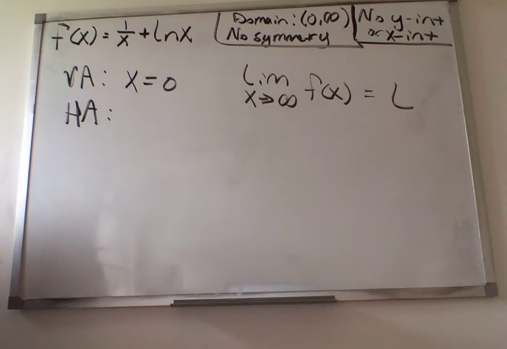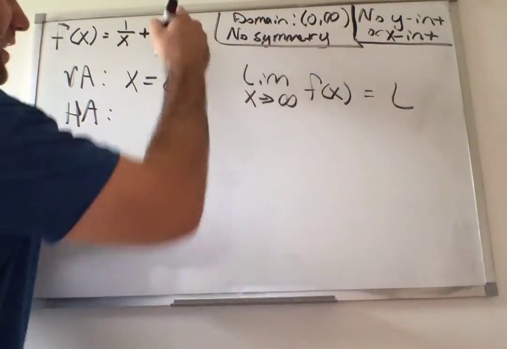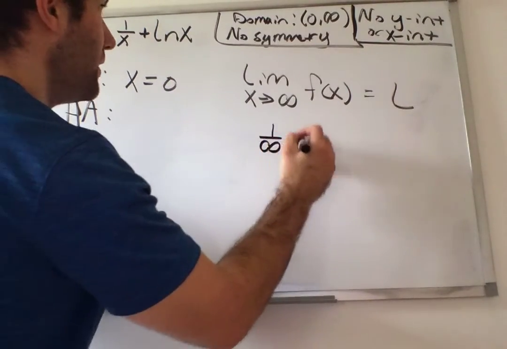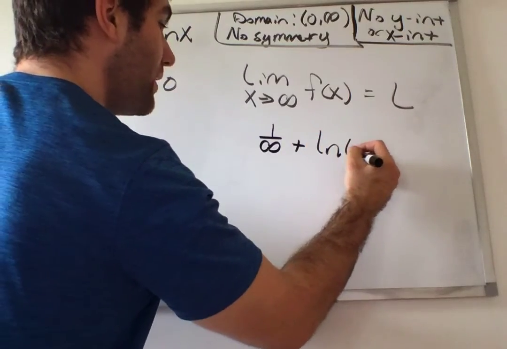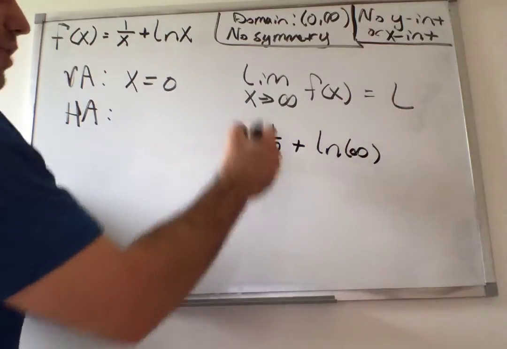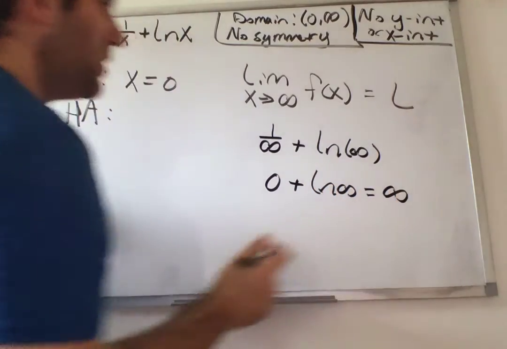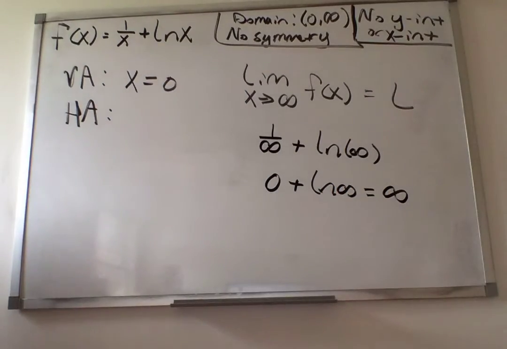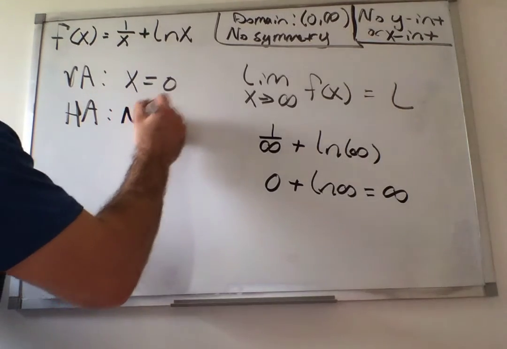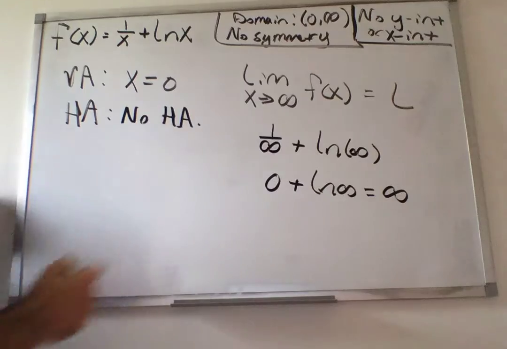Let's see if we have a horizontal asymptote. So if I just plug in infinity, 1 over infinity plus ln of infinity. Well, 1 over infinity is 0 plus ln of infinity is infinity. So it did not go to a finite number. Therefore, there are no horizontal asymptotes.